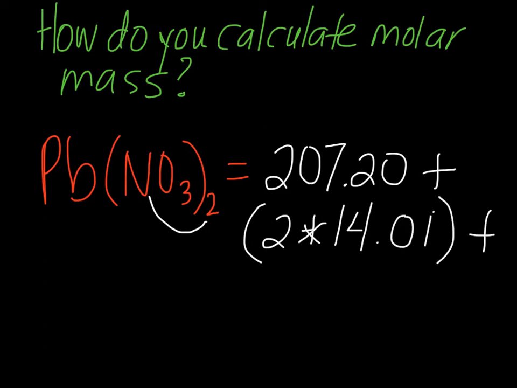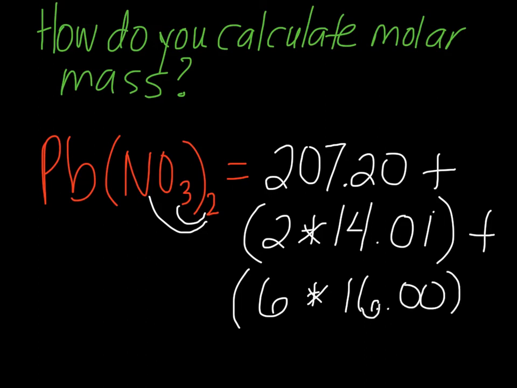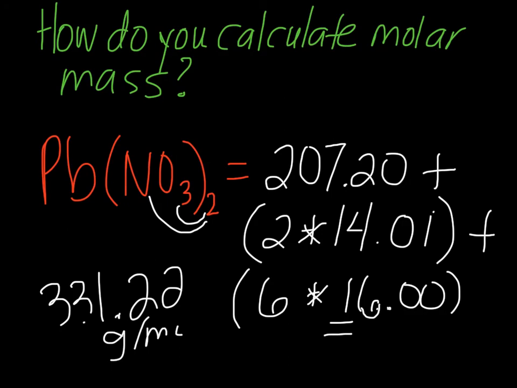Add that to the 6 oxygens, so we're going to have to multiply that 16 by 6 to get the total mass from all of those oxygens. All you got to do is put this into your calculator. Don't round until the very, very end, and you're going to get an answer of 331.22 grams per mole. And it's that simple.